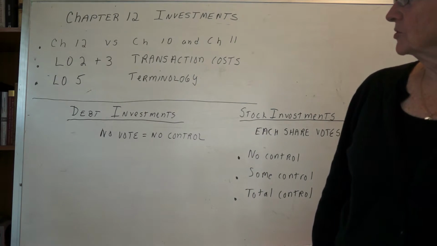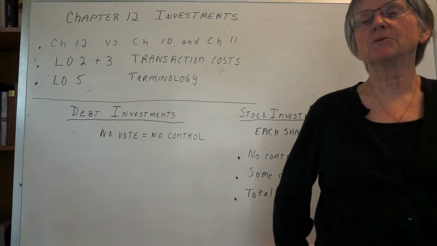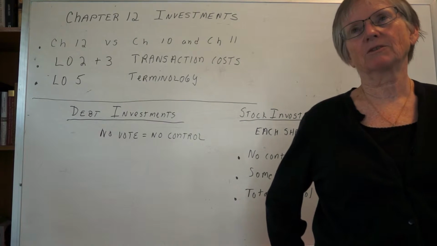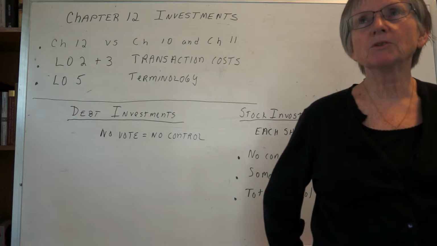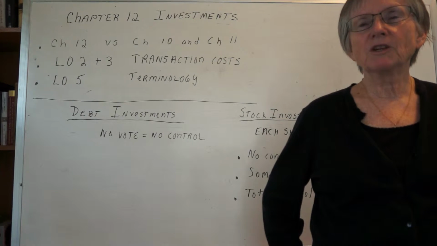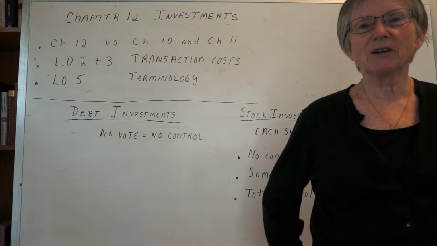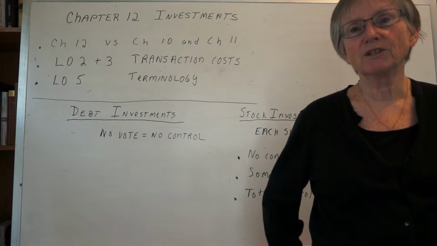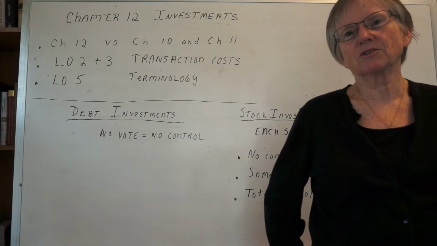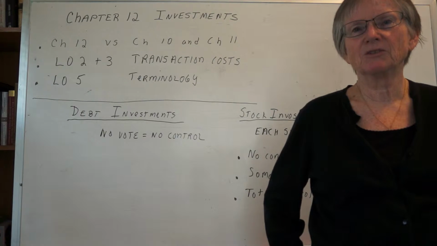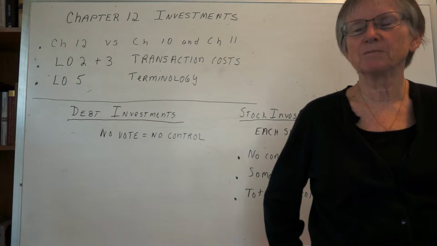The other thing, on Learning Objective 5, you're going to run into a couple of different ways, a little different terminology. Since your text has been published, the available for sale category is now called non-trading. I'll accept either on the exams, but non-trading is the more current terminology rather than available for sale.